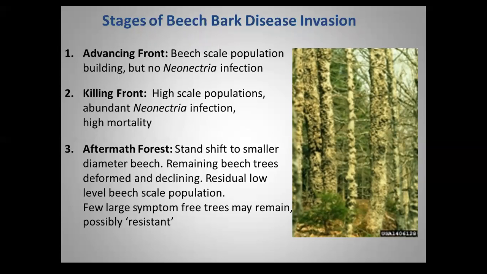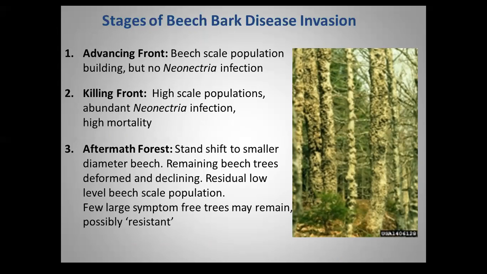The aftermath forest describes the situation once the more mature, most susceptible trees have died, and the beech scale population is still there at a residual lower level. And you see a shift from the larger diameter beech into the smaller diameter beech that occurs with the loss of the most mature trees.